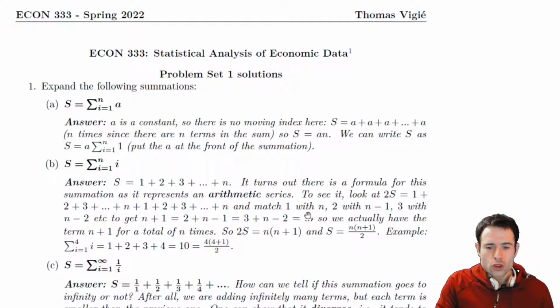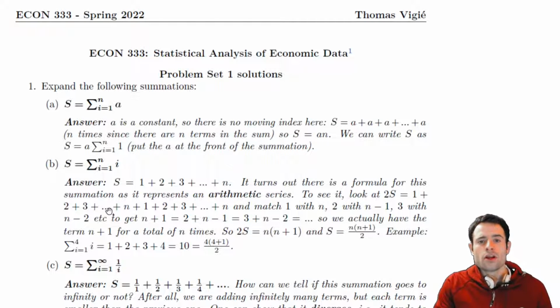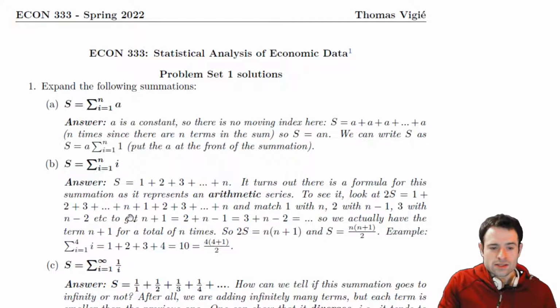Now, note that the term before n will be n minus 1. If n is equal to 100, then n minus 1 is equal to 99. And now look at this. Here, you see I have an n plus 1. Now, I'm going to do 2 plus the term right before n, which is n minus 1.